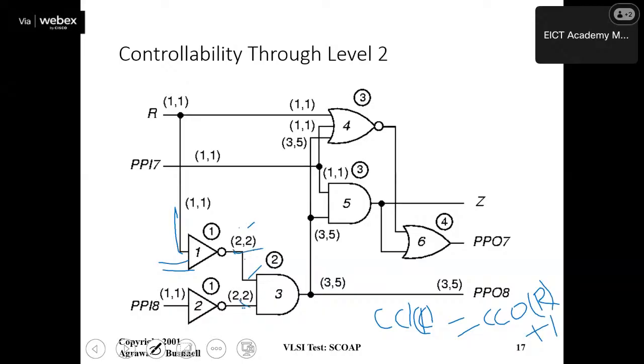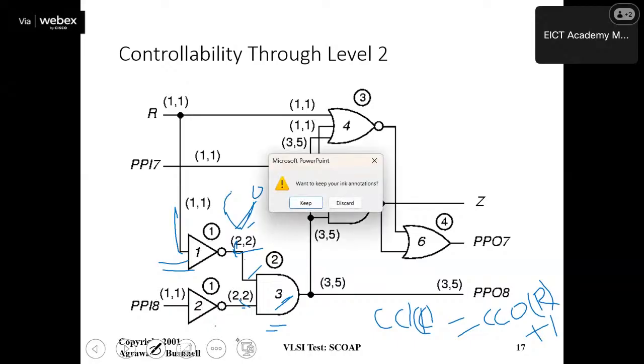Now let us check for level 2. For level 2, this is an AND gate. For an AND gate, controllability for 0 is the minimum of both of these. CC0 for both of these is 2, 2.